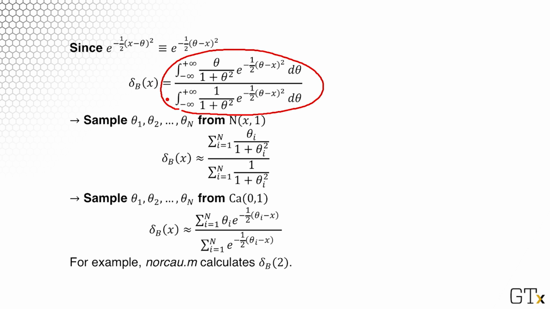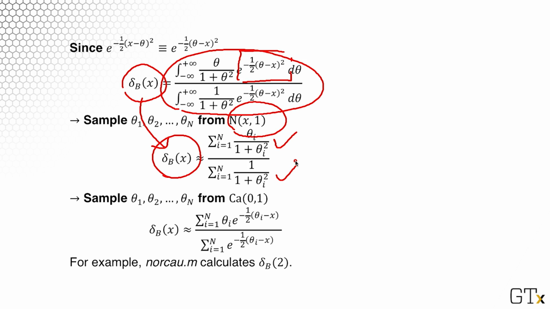If I have an integral of this kind, I can think about it as follows. If I sample thetas from a normal distribution with mean x and variance 1, that would take care of this part here. The normalizing constants 1 over square root of 2 pi cancel from the numerator and denominator. Then this integral becomes empirically close to the average of the sampled values, as a ratio of these two functions.